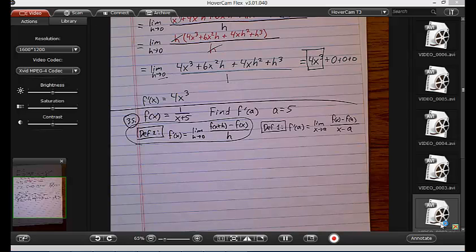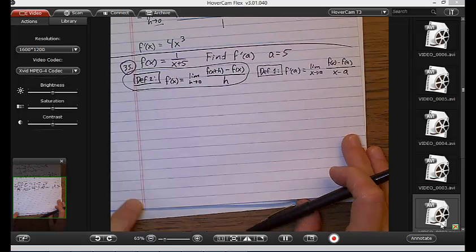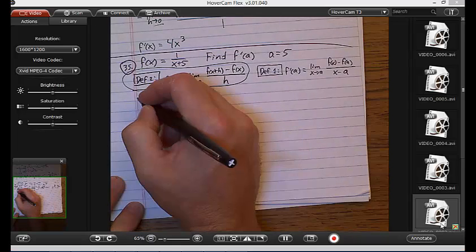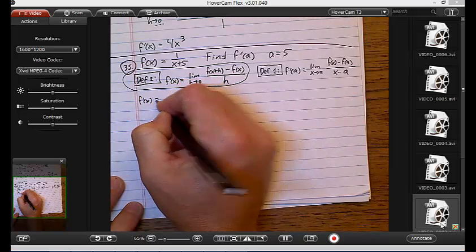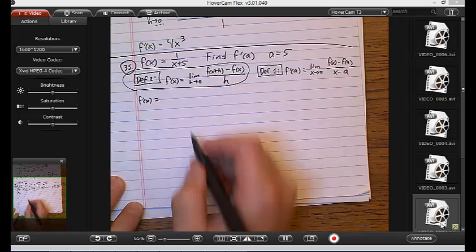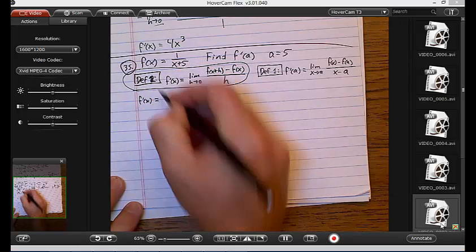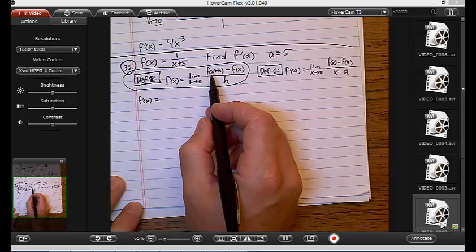Okay, and then you go ahead and do enough algebra that you work out what the derivative is, and then the last thing is you have to plug in where it used to say x. We're going to have to put a 5 because it says a is 5, and we want f prime of a. But let me go through the mess with you a little bit because I think that's why you guys asked. Well, f prime of x, if I just go directly to definition 2, I have f of x plus h.